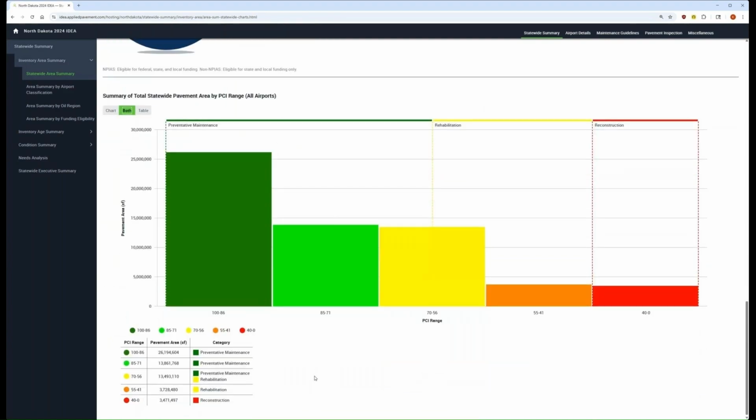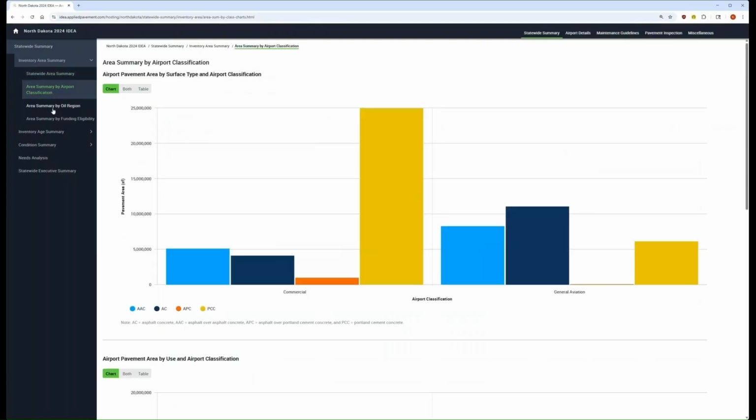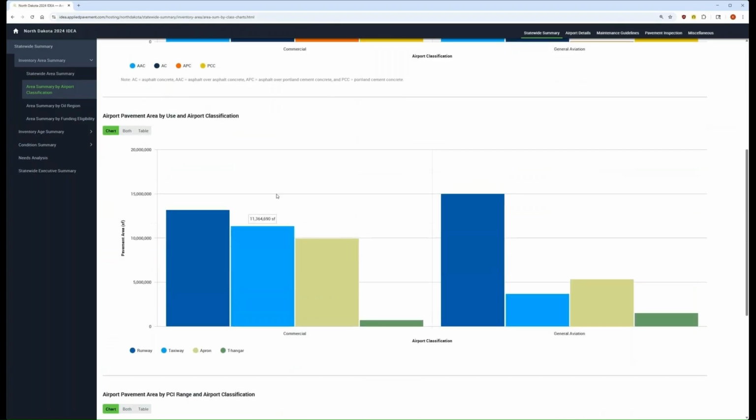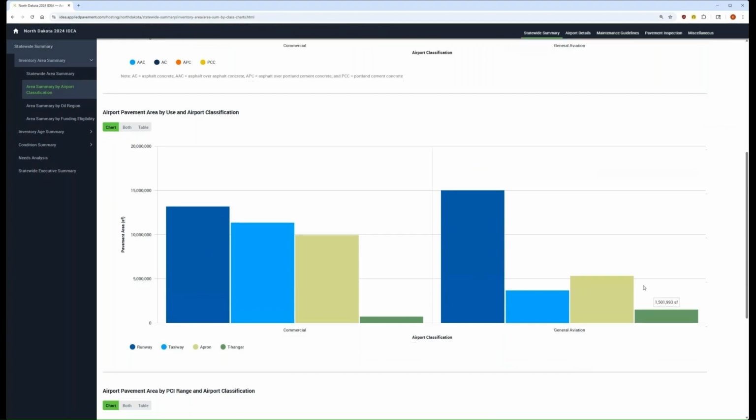This is incorporated where applicable to allow for people viewing this information on smaller screen resolutions to still see the pertinent results. If I were to select any of these other drop-downs, we're starting to see area broken out by differences between airport classification, for example. So you're going to see splits of similar types of information, but it's going to show the commercial service airports versus the rest of the general aviation airports in the system.